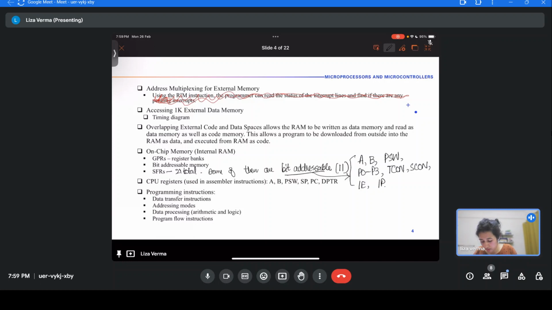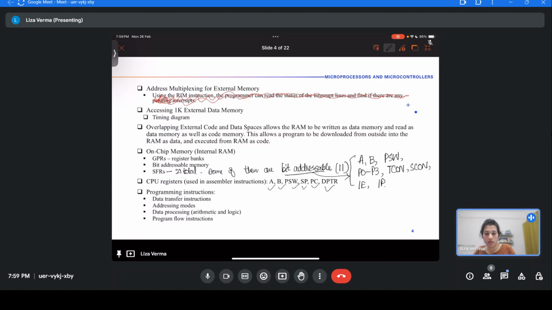Okay, so CPU registers used in assembler instructions are A, B, PSW, stack pointer, program counter, DPTR. There are different kinds of programming instructions, just like 8085.